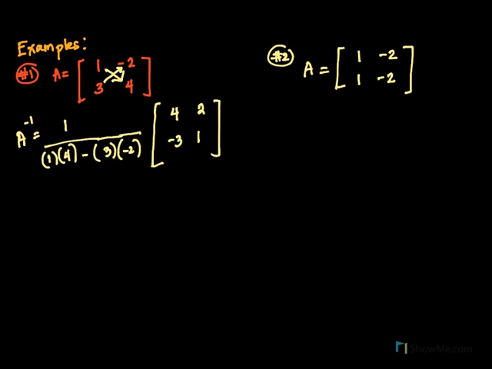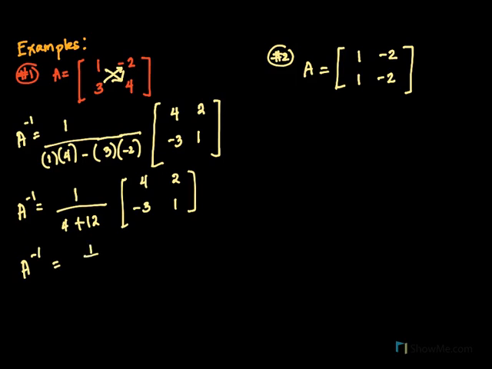Okay? So with this, we simplify further. Yung scalar natin dun sa labas is 1 over 4 minus negative 12 to, magiging plus 12, no? Then multiplied by 4 to negative 3, 1. And so the A inverse is equal to 1 over 16 times 4 to negative 3, 1.